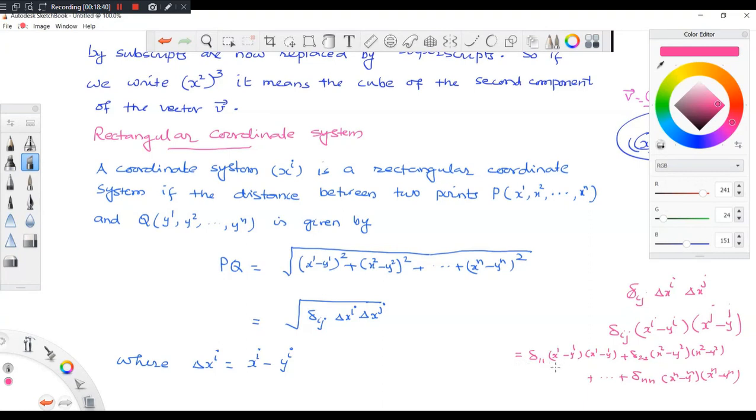Now delta 11 is 1, so this is nothing but x1 minus y1 whole square plus x2 minus y2 whole square plus etc., plus xn minus yn whole square, which is precisely this. You see this one. So I can write it by using this short notation. This is the meaning of this one. I think you understood the thing.